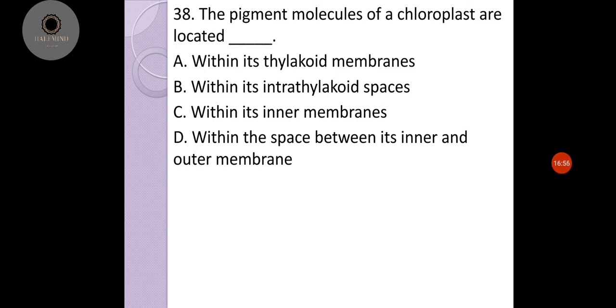The chlorophyll is found in the thylakoid membranes of the chloroplast. Now remember that light reactions happen in the thylakoid membranes because the pigments found in the thylakoid membranes are the ones capturing energy from the sun. So our answer here is letter A.